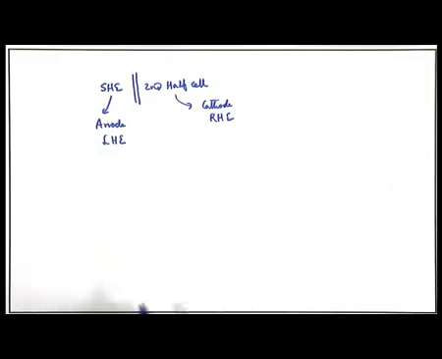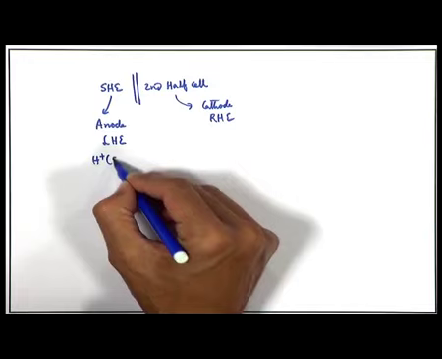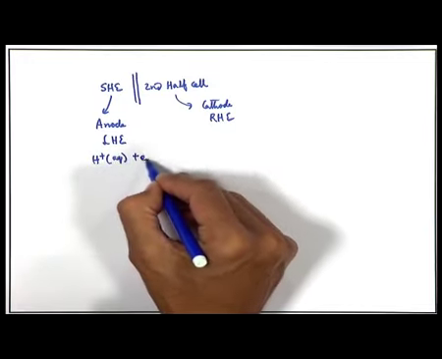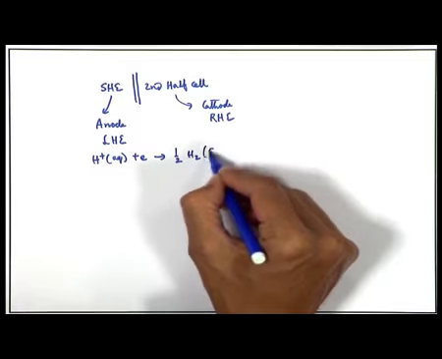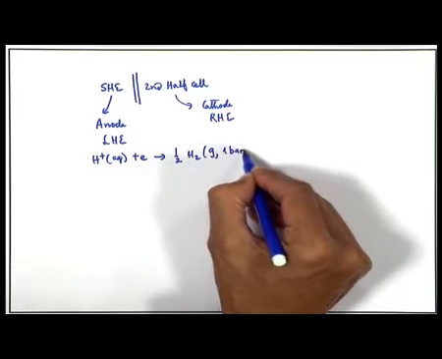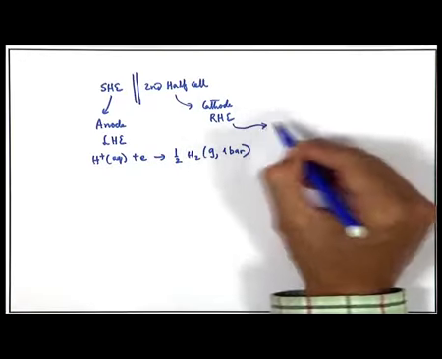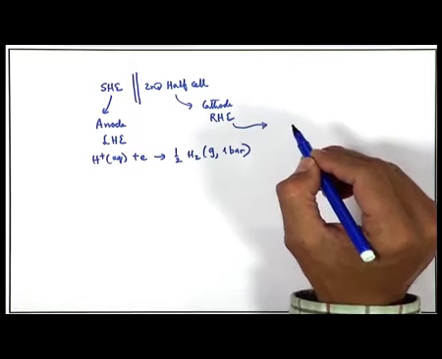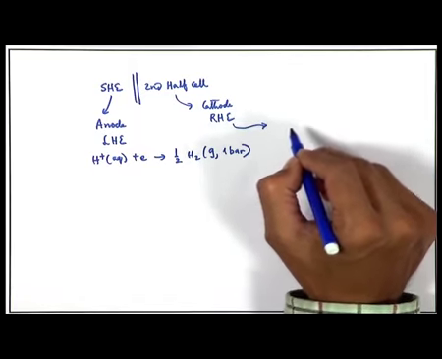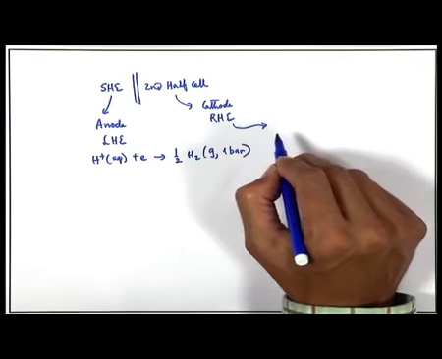So, the anode reaction goes like this: H plus plus electron gets you half H2 gas at 1 bar, and the right hand electrode reaction will be the reaction of the electrode whose half cell potential you intend to find out.